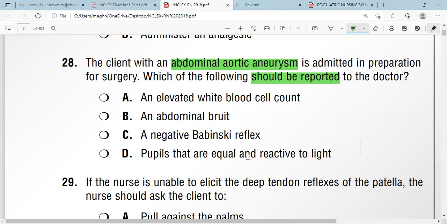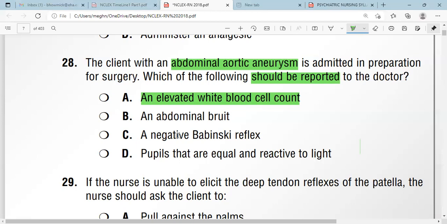So the answer here is A. A is the answer, right? Because this is not normal. Elevated white blood cell count should be reported because this indicates active infection. An abdominal bruit will be heard if the client has an aneurysm.